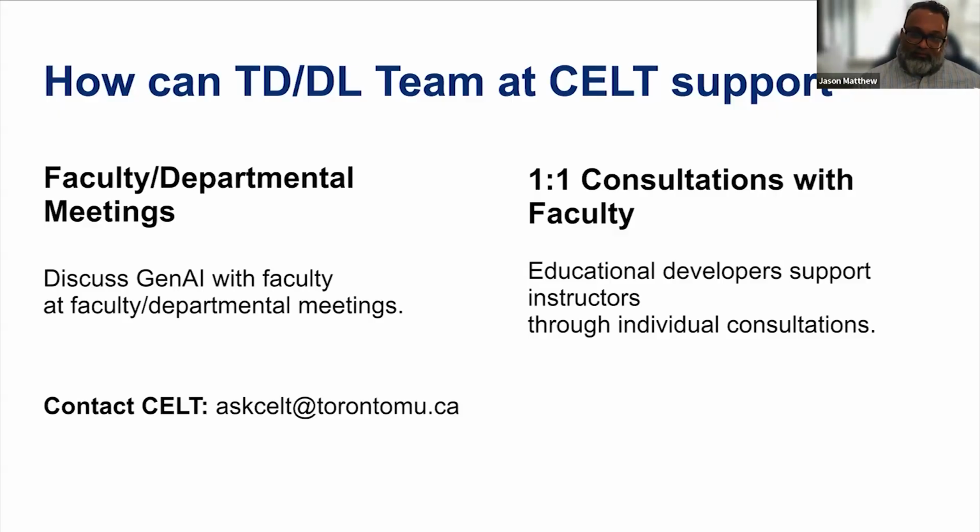We also do one-on-one consultations. If you are thinking about ways in which you want to integrate some of the stuff that we are doing here, please reach out. You have my email, or it might be your faculty liaison that you already work with. Please reach out to them. We are happy to help, and you could contact us at the general CELT email at the bottom there, and somebody at CELT will put you on to somebody.